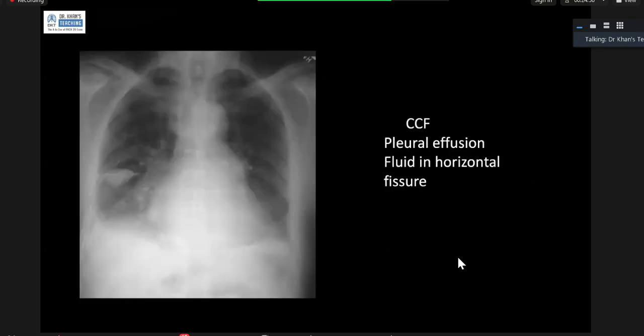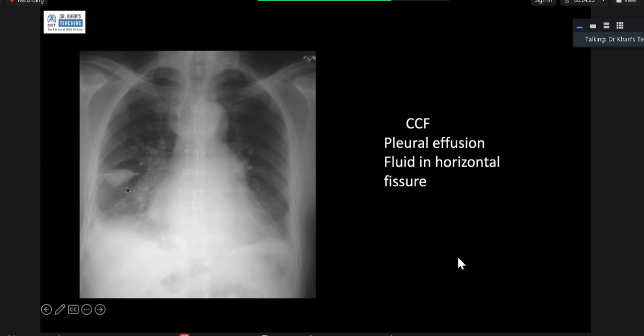Now here we've come to the pleural effusion part. So you can see the costophrenic angle is obscured here. There is a pleural effusion here. This costophrenic angle is not sharply defined, so there is a small effusion here as well. And here what you're seeing is the encysted effusion, pleural fluid within the horizontal fissure, right? Pleural effusion within the horizontal fissure sometimes gives you the appearance of a tumor.